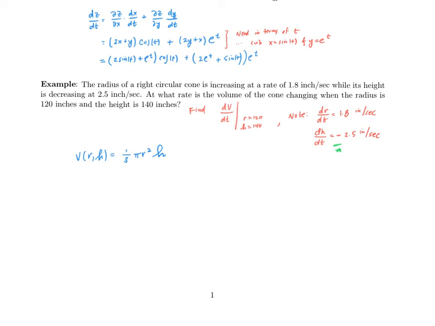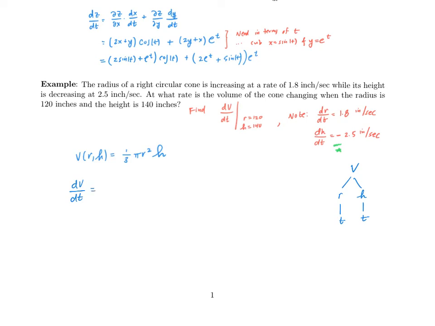So dV/dt, using the chain rule above, and if we want to think about this in terms of a diagram, V depends upon r and h, while r and h both depend upon t.